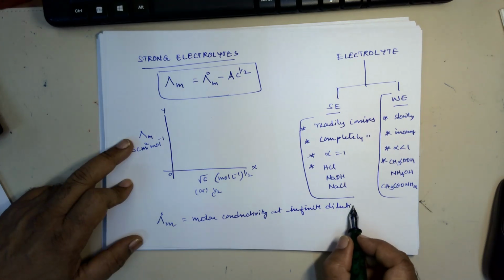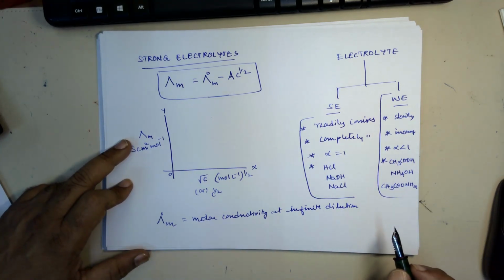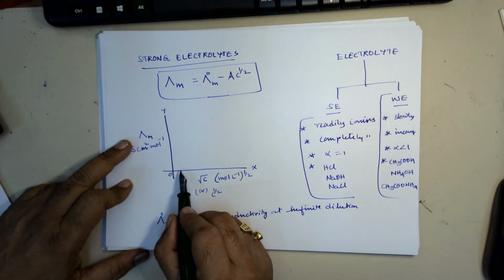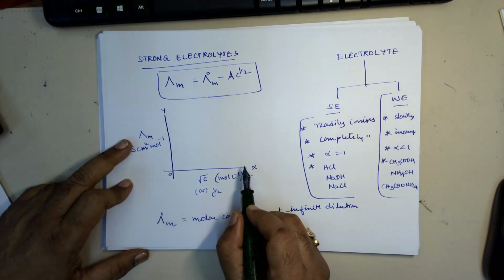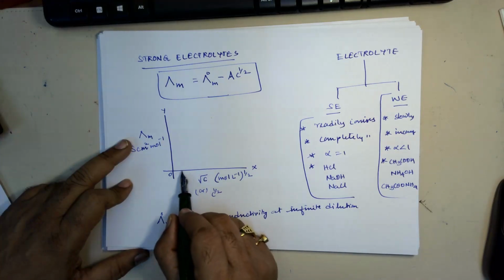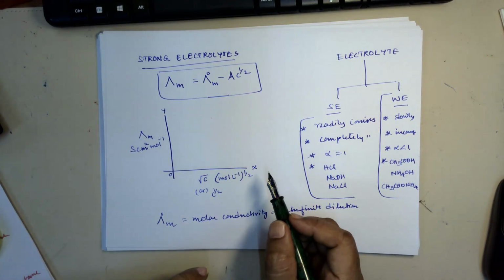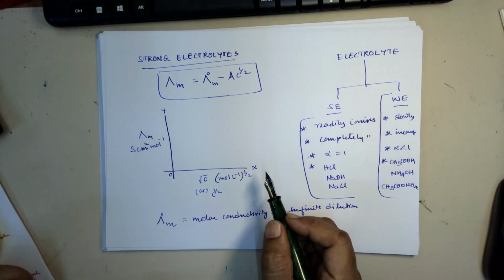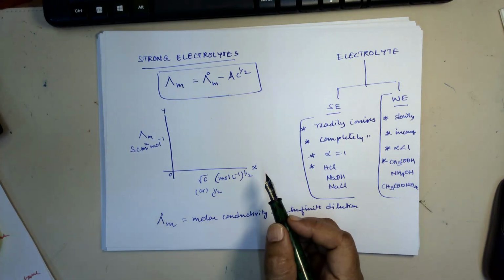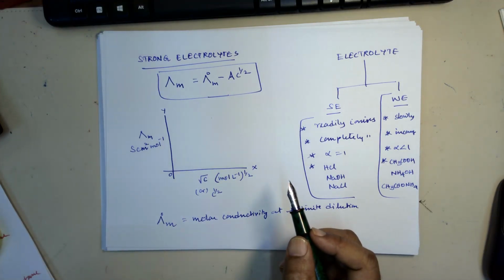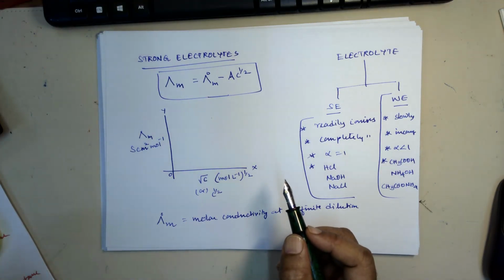Infinite dilution. Now here we have the concentration units. Now we are discussing the decrease of concentration. What do you mean by that? Decrease of concentration means increasing the dilution. When you decrease the concentration, that can be achieved only by dilution.